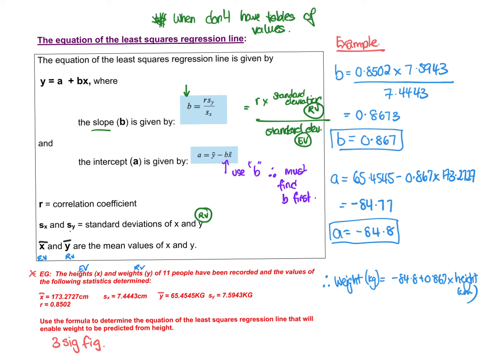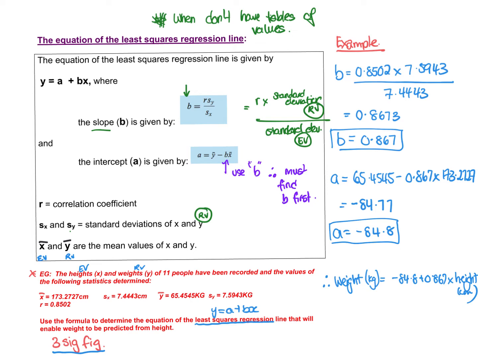They've given me all those values, and it says use a formula to determine the equation of the least squares line. As soon as you see that, just write above it that means y equals a plus bx. Now I've added in to do 3 significant figures, which you can't see, so I've written that at the bottom.